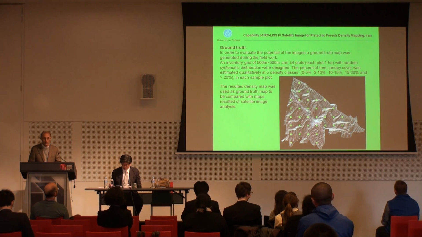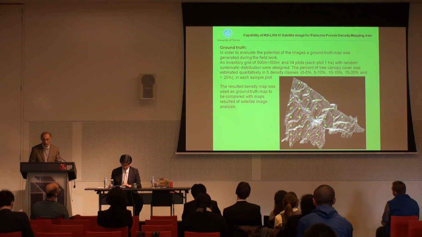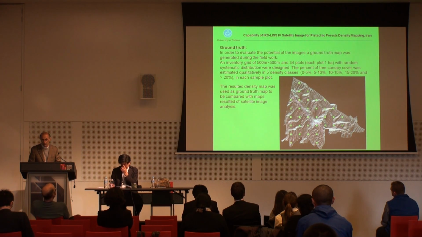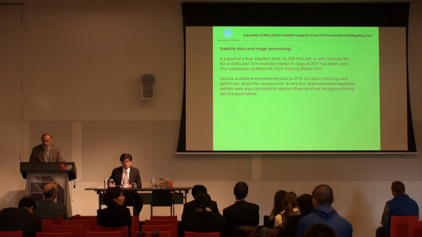To evaluate the capacity of this data, we prepared an accurate ground truth with 34 plots, each 1 hectare, by field work. We defined the forest density in 5 classes, as you see here, qualitatively. The resulting inventory was used to produce the ground truth map.